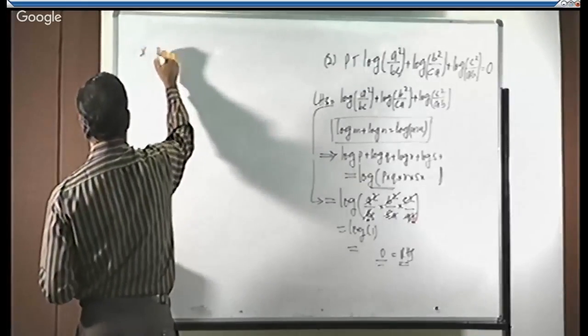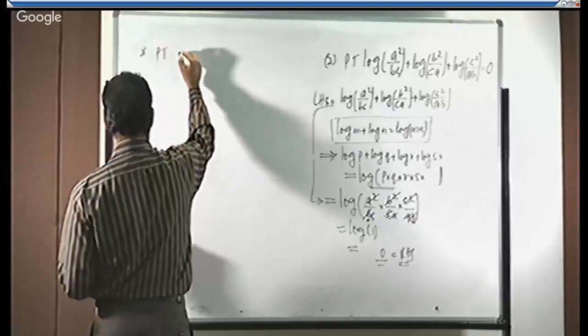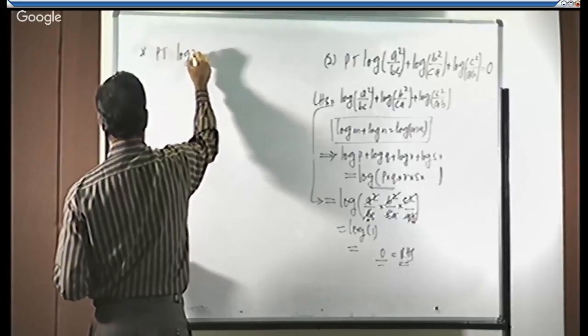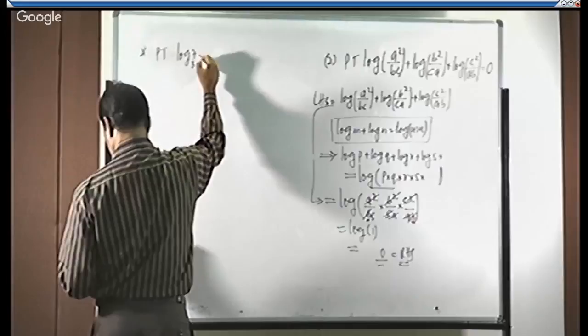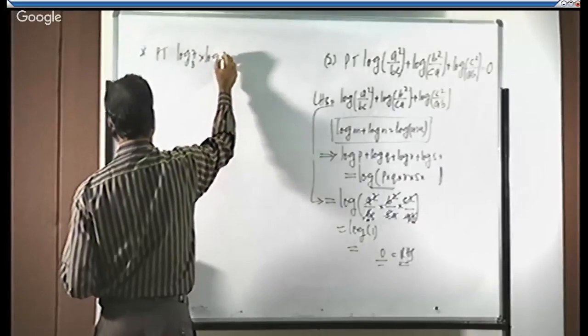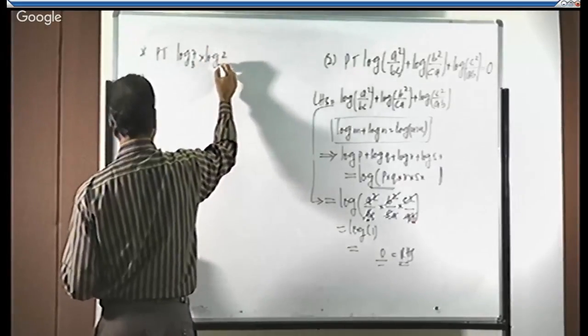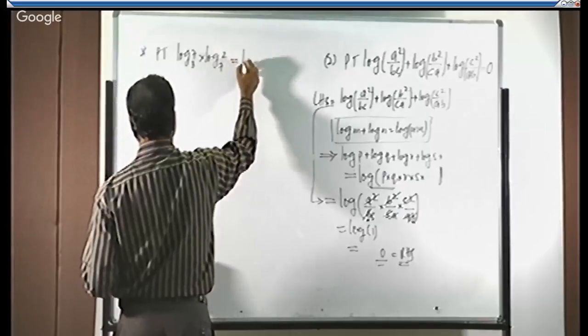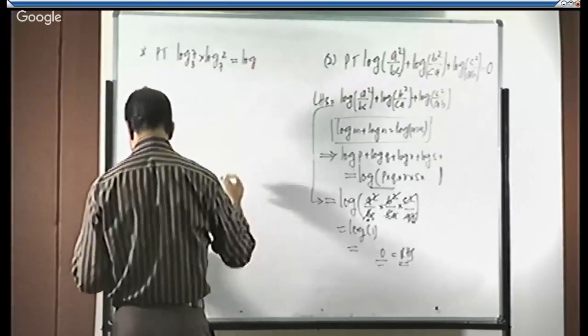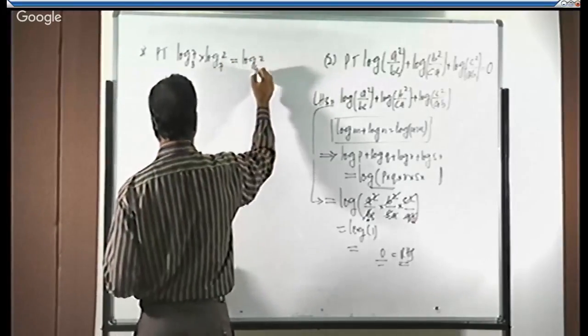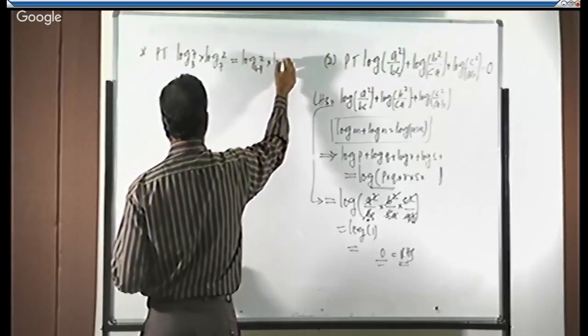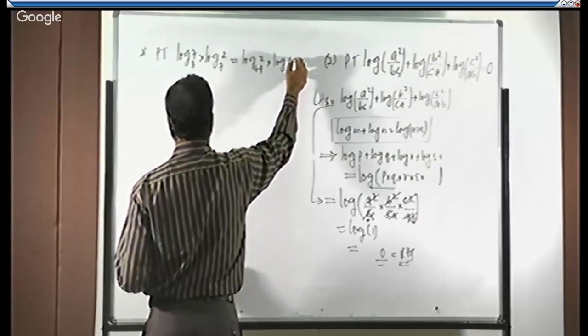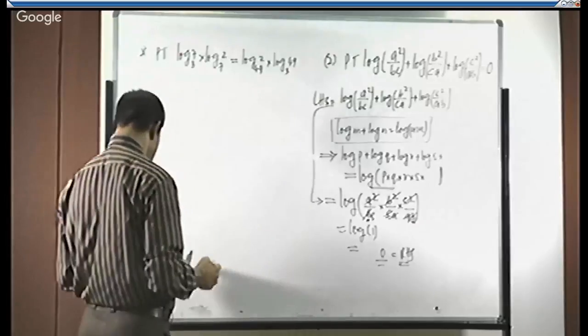Next one, prove that log of 7 to the base 3 into log of 2 to the base 7 is equal to log of 2 to the base 49 into log of 49 to the base 3.